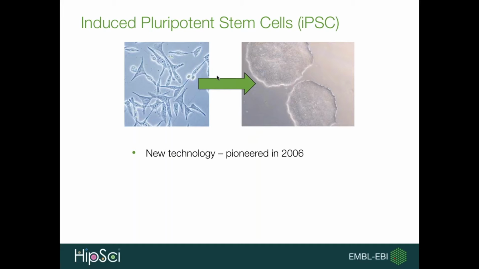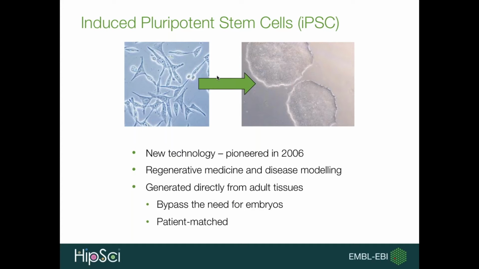So this is still quite a new technology. It was demonstrated 11 years ago for the first time to be a viable procedure. And it's caused a lot of excitement in the field of regenerative medicine and disease modeling. It's a really exciting new tool for these fields to use.